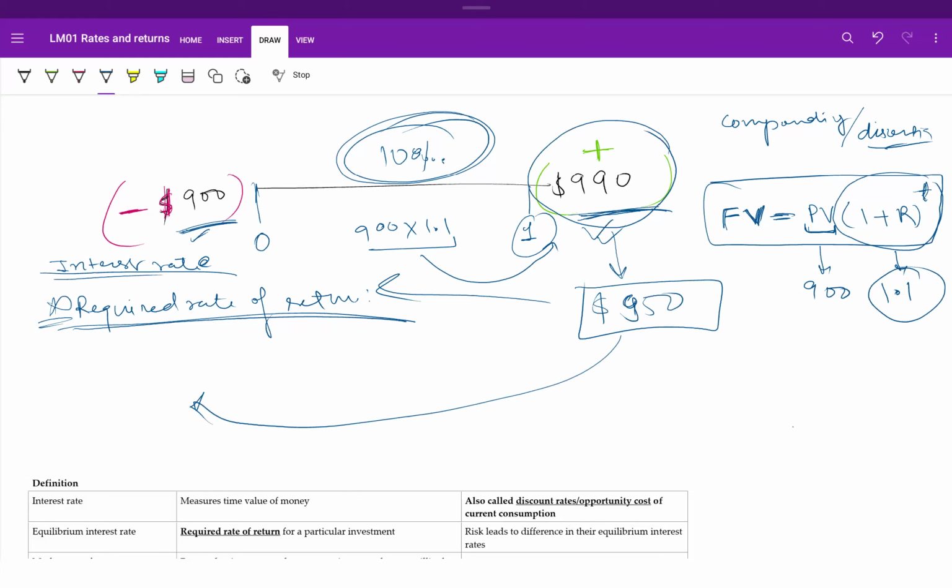And if I am using the current value and calculating the future value, that's compounding. So in discounting, I am looking at the present value. I am calculating the present value. I'm discounting it.